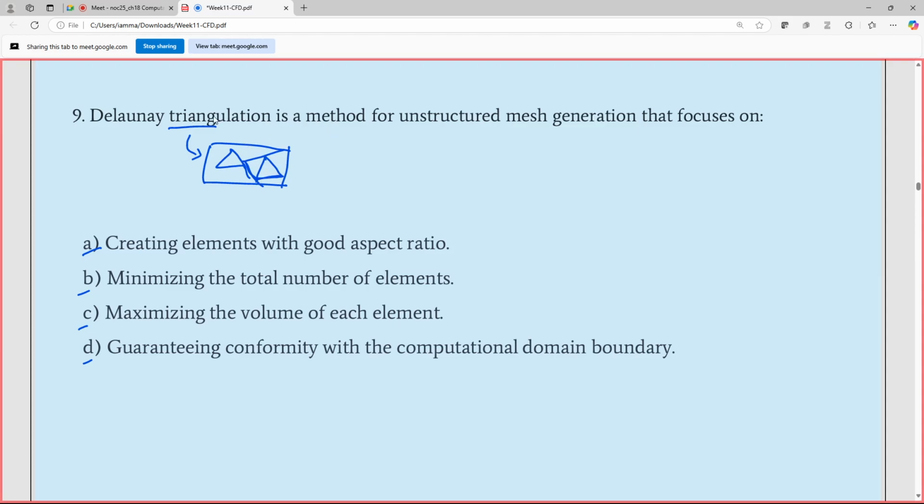This is a classic method for creating unstructured mesh, and we have discussed earlier that it will create triangles in 2D and tetrahedrons in 3D. The main objective of this triangulation method is to create elements with good aspect ratio. So our answer is option A.